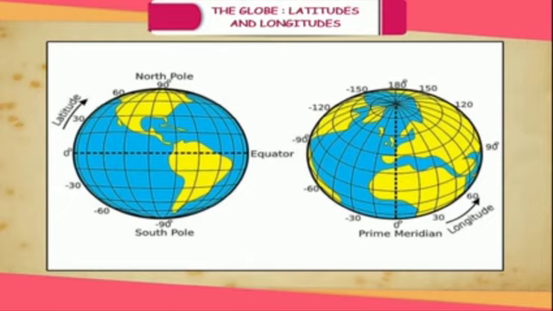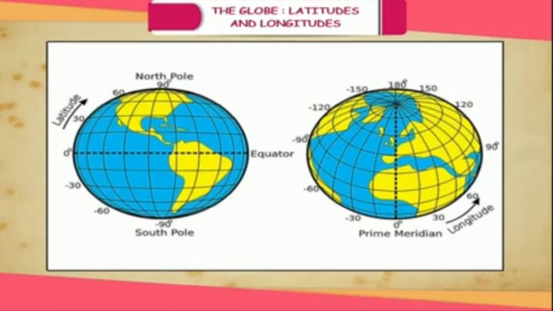Same like parallels of latitude, all the meridians are of equal length. Thus, it was difficult to number the meridians. Hence, all countries decided that the count should begin from the meridian which passed through Greenwich. This meridian is called the prime meridian.